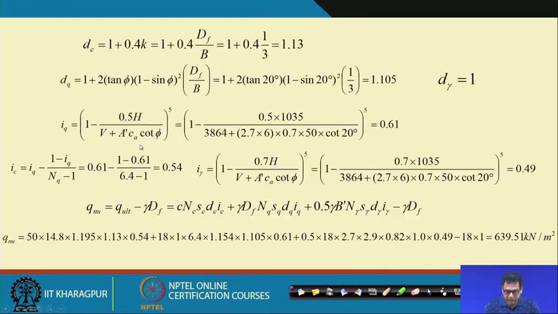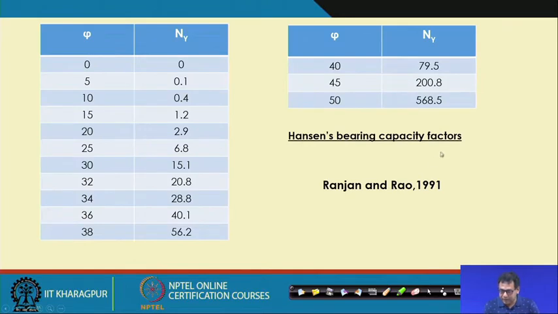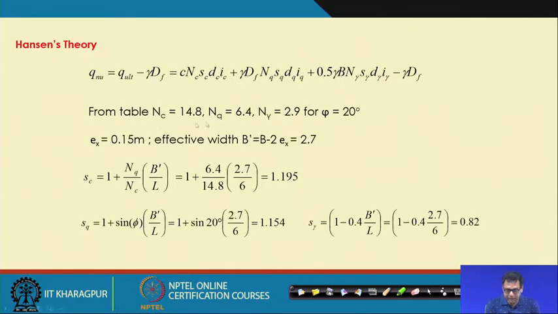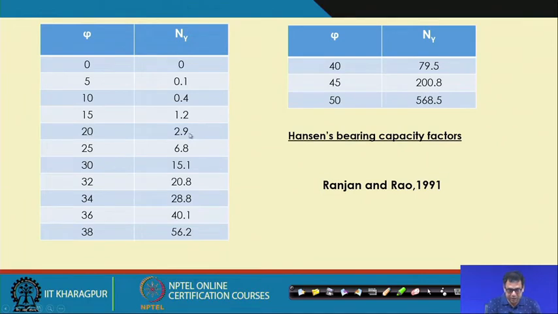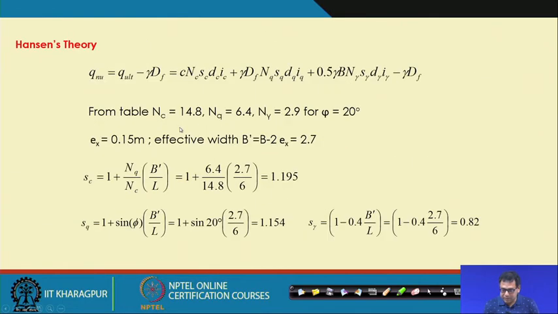Here again we have a table for the Hansen bearing capacity factor, only NQ. The other values, NC and N gamma, we have to take from the Meyerhof table in the case of Hansen. So NC and NQ are the same, only N gamma is 2.9 for 20 degree. That value is taken here, and again E max is 0.15.